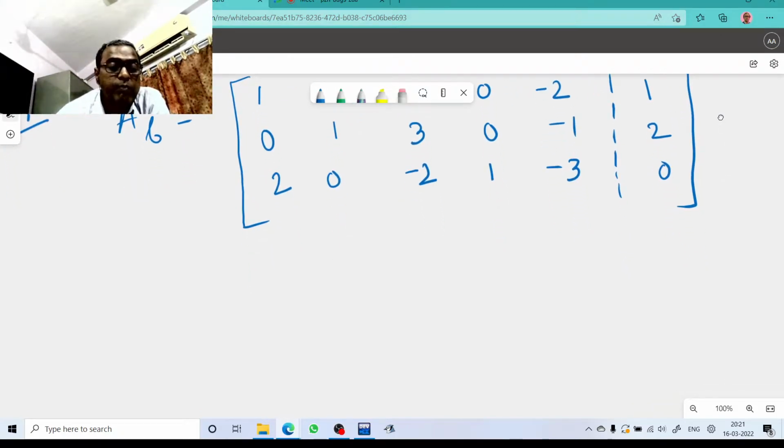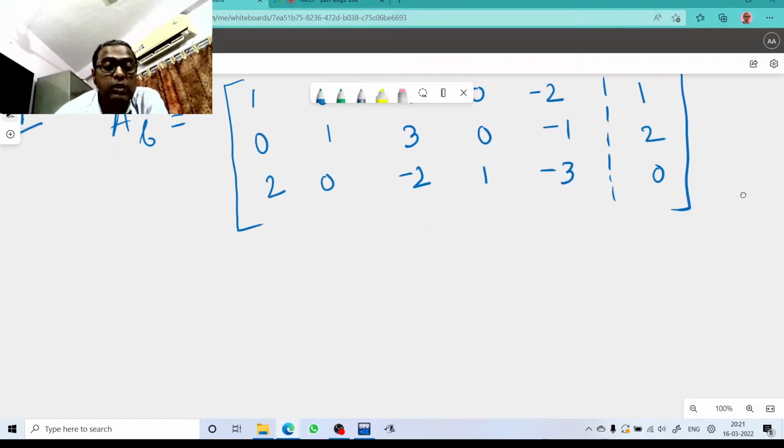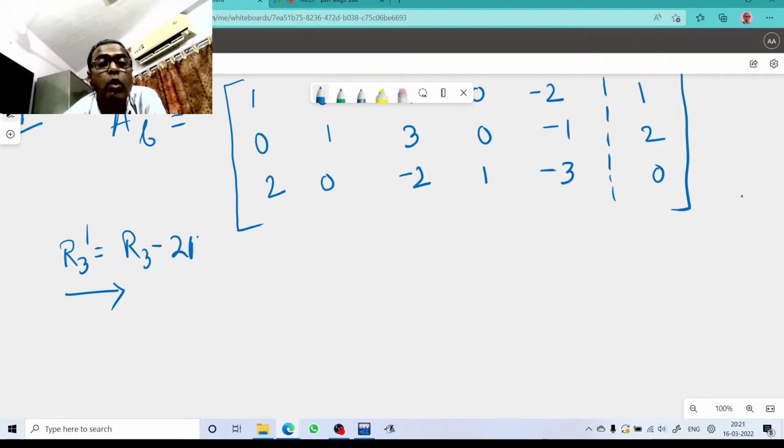Now the last matrix is in row reduced echelon form. Applying the first elementary operation here, R3' equals R3 minus 2R1.